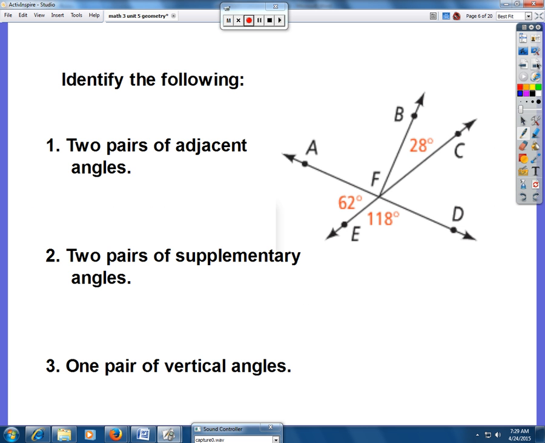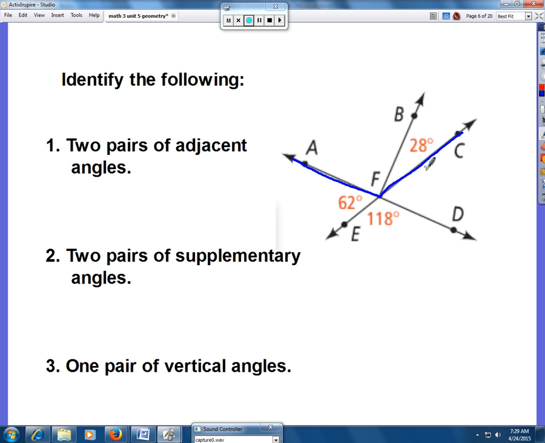Okay. Identify the following. We're looking at a diagram. We've got F as our vertex of all the angles, and then several different rays. We're going to talk about adjacent angles first. Adjacent angles share a side and a vertex, but no other common points. So for instance, if we're looking at angle AFC, you could not use this ray to make an adjacent angle because this ray is inside of the angle AFC.